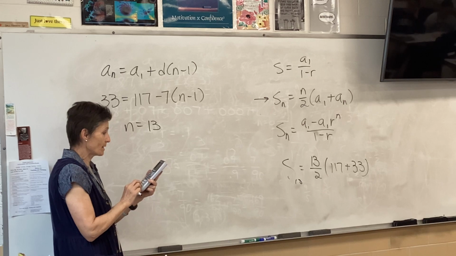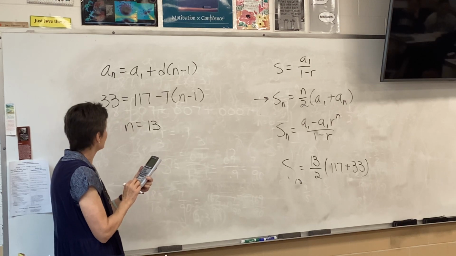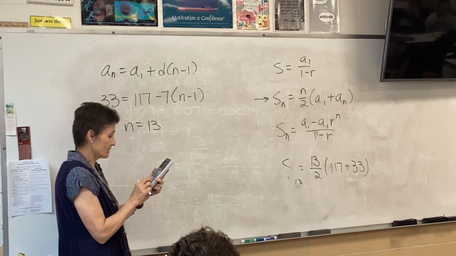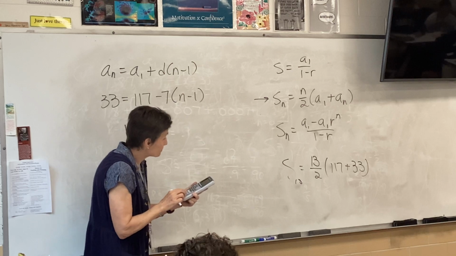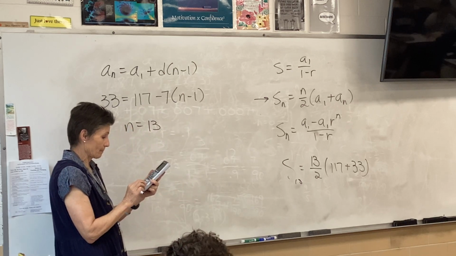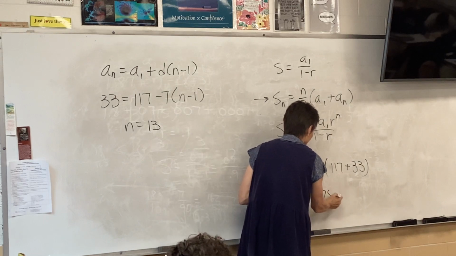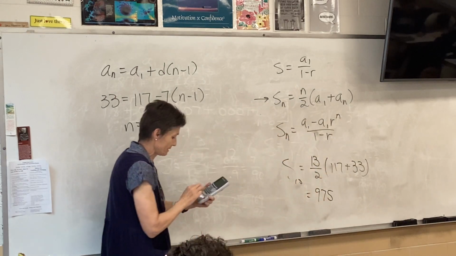So once I know that's 13, then I can do 13 divided by 2 times. Final answer, 975, does that sound about right to anybody?